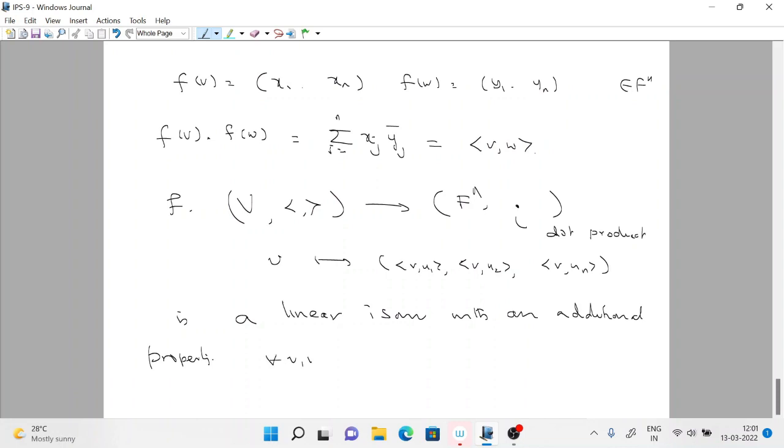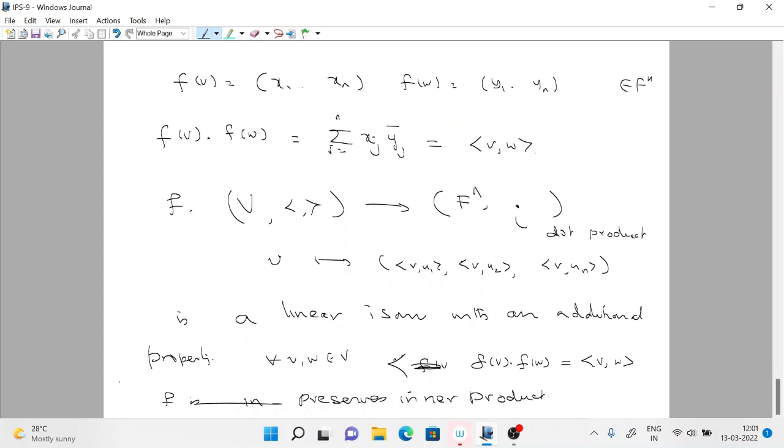For all v and w in V, the dot product of f(v) with f(w) is the same as the inner product of v and w. That is, we say f preserves inner product. One usually says it preserves inner product.